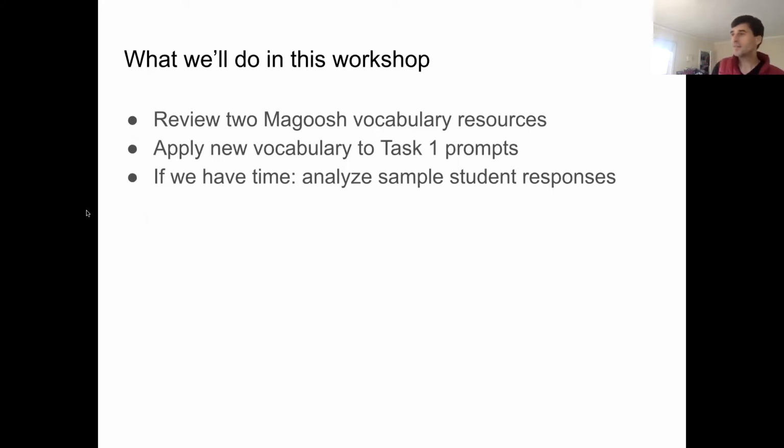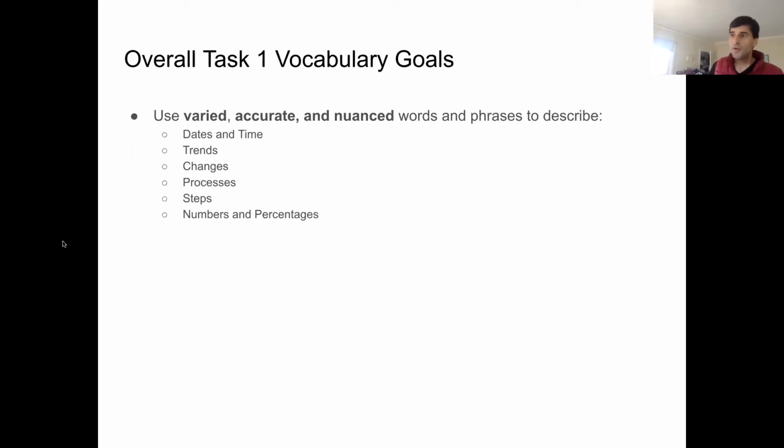Okay, so let's get started here. I didn't see any questions come in, so let's get going. All right. One of the points to make about what we're going to look at today is that your goal for preparing vocabulary on Task 1 is to make sure that you are studying a number of very specific things that Task 1 asks you to write about and describe.